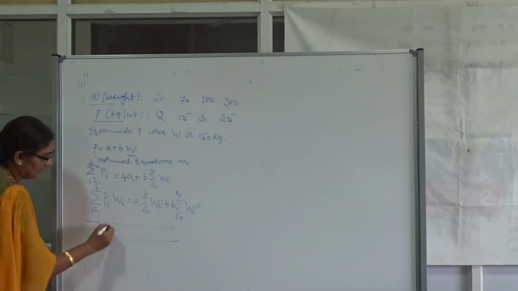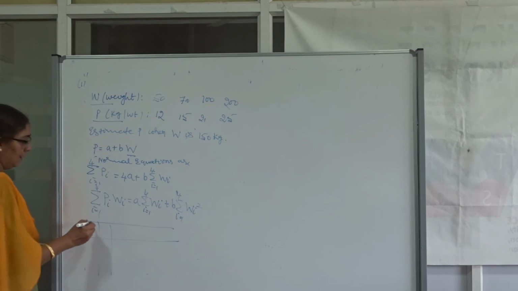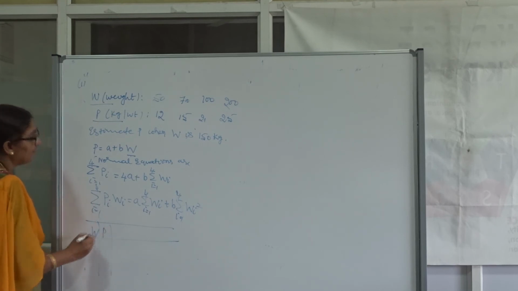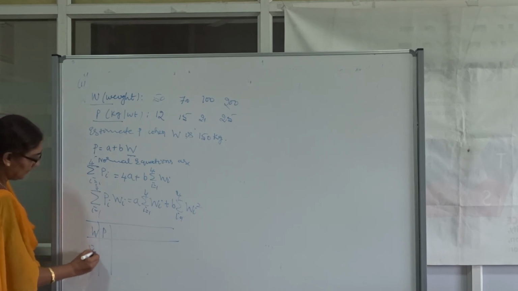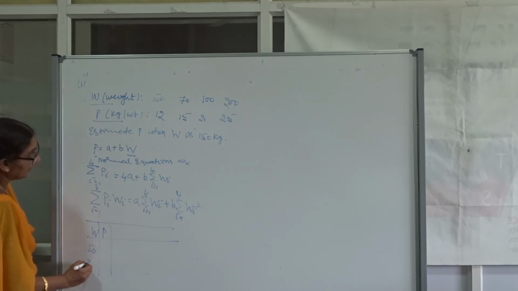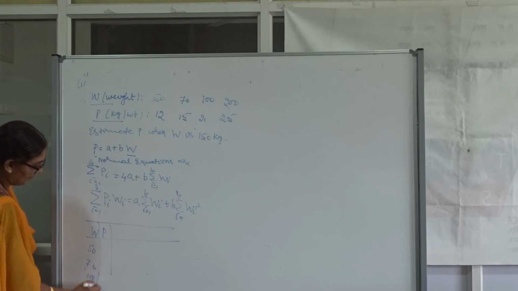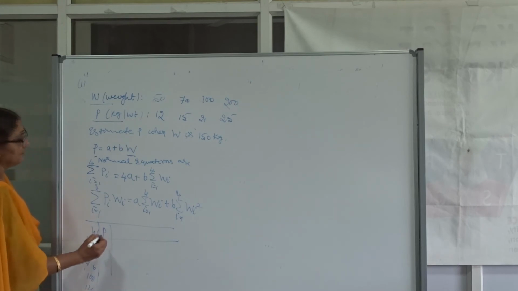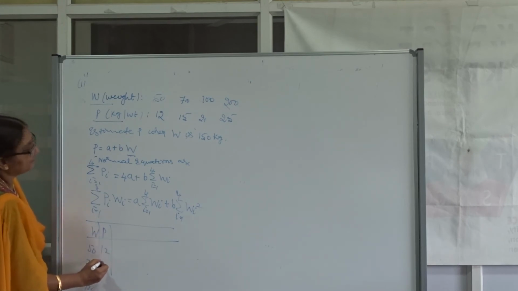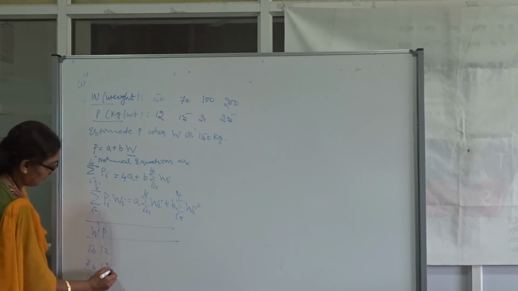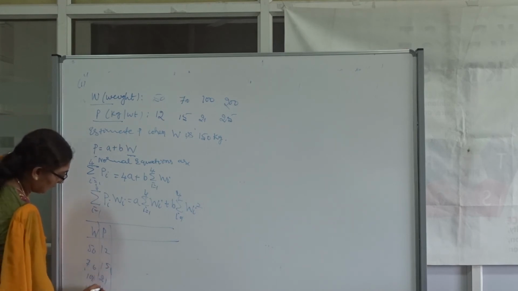I am not going to write each of the values on the board. For W: 50, 70, 100 and 120. For P: 12, 15, 21 and 25.